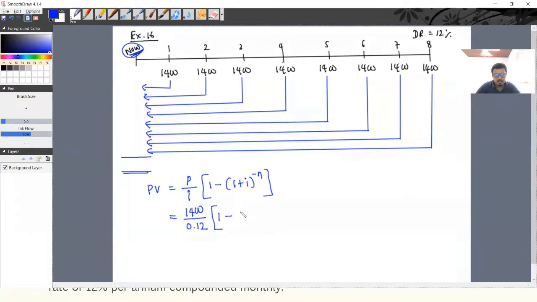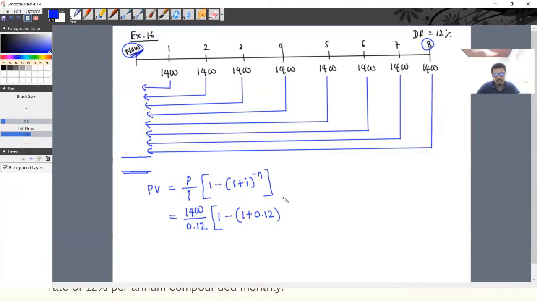Within brackets, it should be 1 minus 1 plus 0.12 to the power minus n. What is the value of n here? Number of years, that is 8.